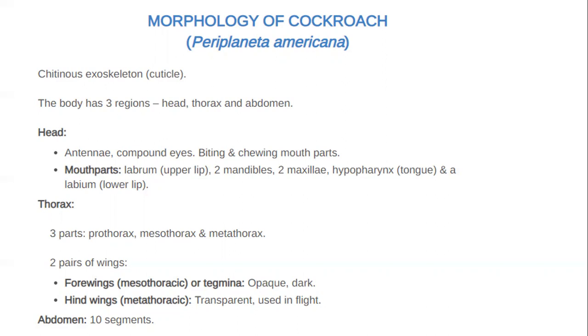Forewings are opaque and dark, and hind wings are transparent, used in flight. So the wings used for flying are hind wings, and their abdomen consists of 10 segments.